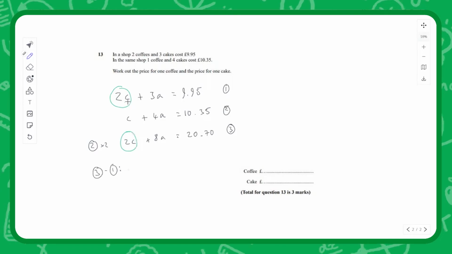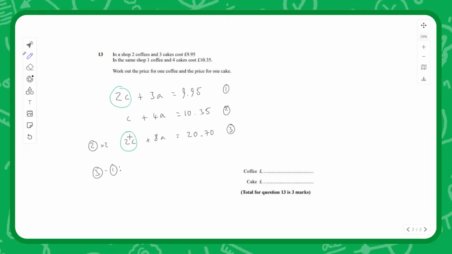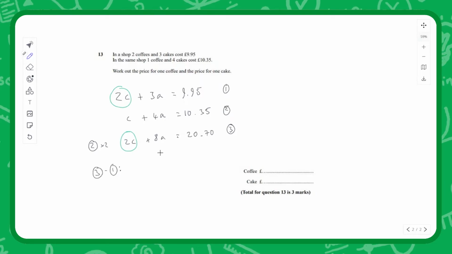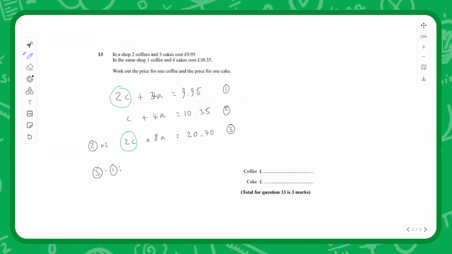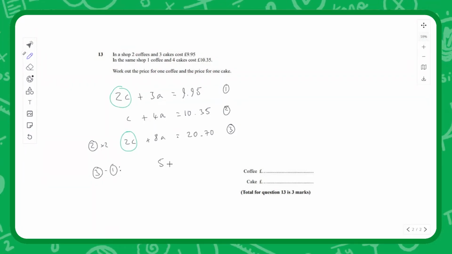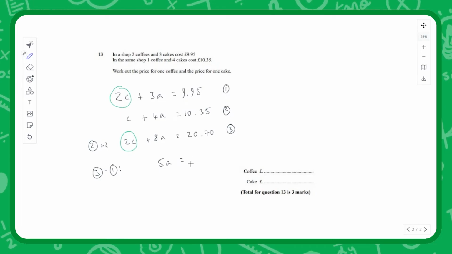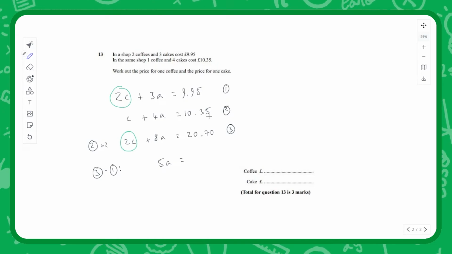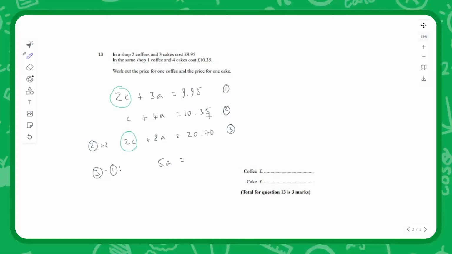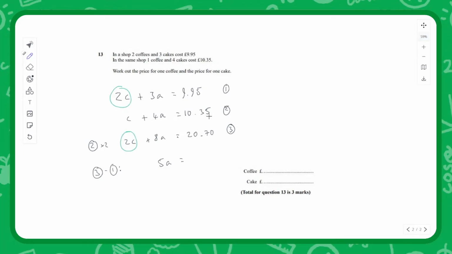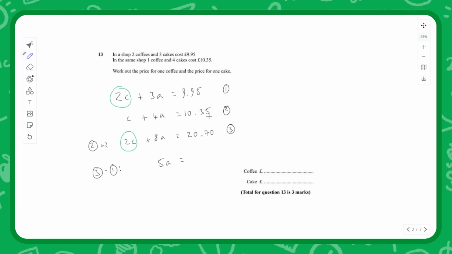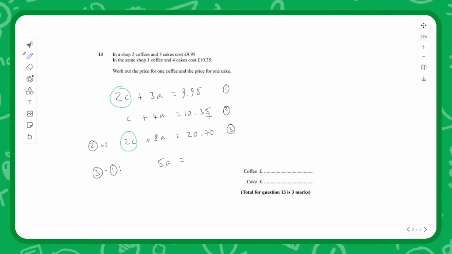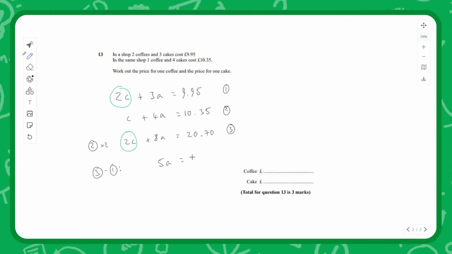That's going to give me, well, 2c minus 2c is just nothing, right? We get 0c. 8a minus 3a gives me 5a. And £20.70 minus £9.95, I just do it on the calculator, is going to give me £10.75.